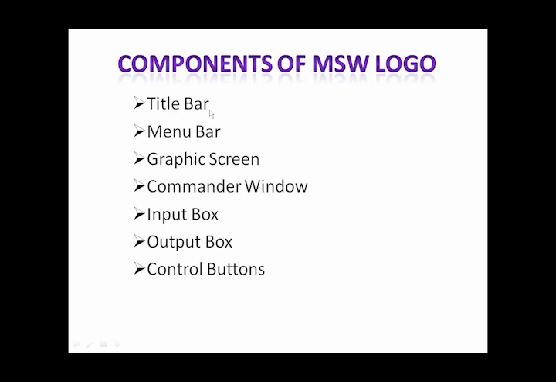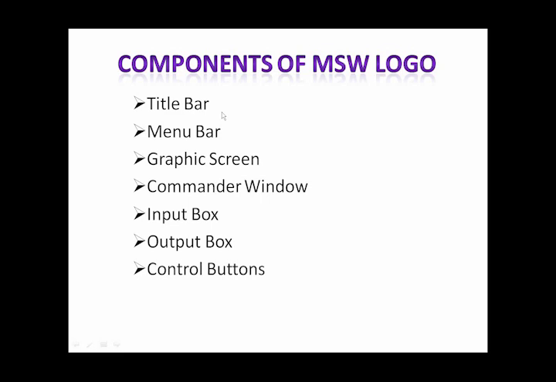So here basically we will learn about what are the components that are associated with this program, Logo. In this particular software we can find different components associated with this language.